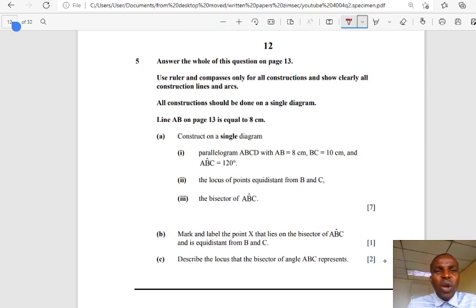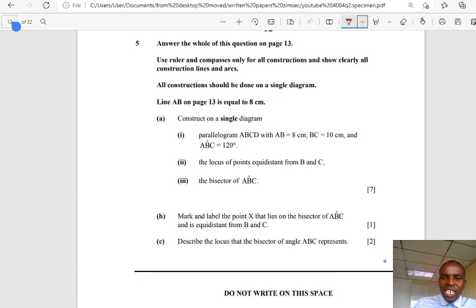Next question, number 5. Answer the whole of this question on page 13. Use ruler and compass only for all constructions and show clearly all construction lines and arcs. Then it should be done on a single diagram. Then construct on a single diagram parallelogram ABCD, AB 8 centimeters, BC 10 centimeters, and angle at B is 120 degrees.